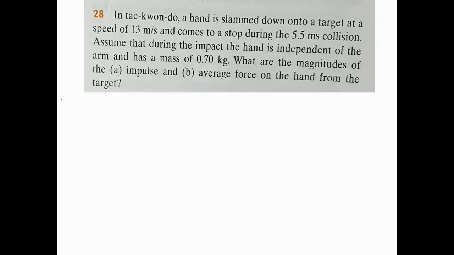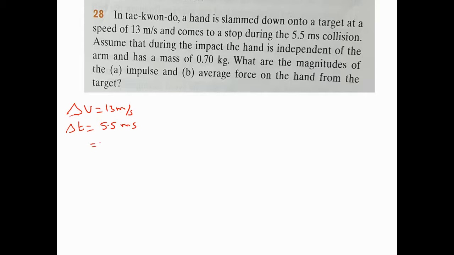So what is your change in speed? Your change in speed is given: 13 meter per second. The hand hits the target with delta v of 13 meter per second, and the collision takes place over a time difference of 5.5 millisecond.